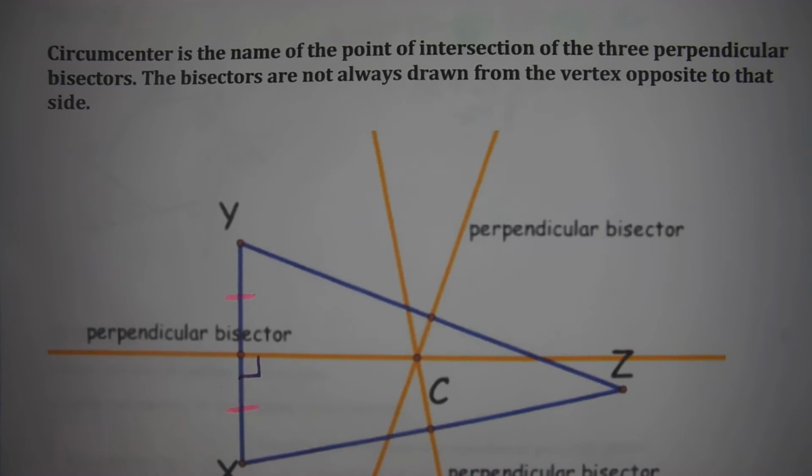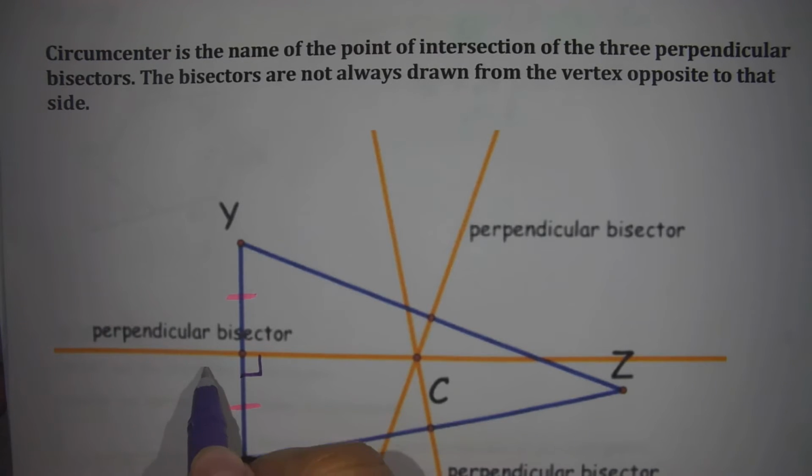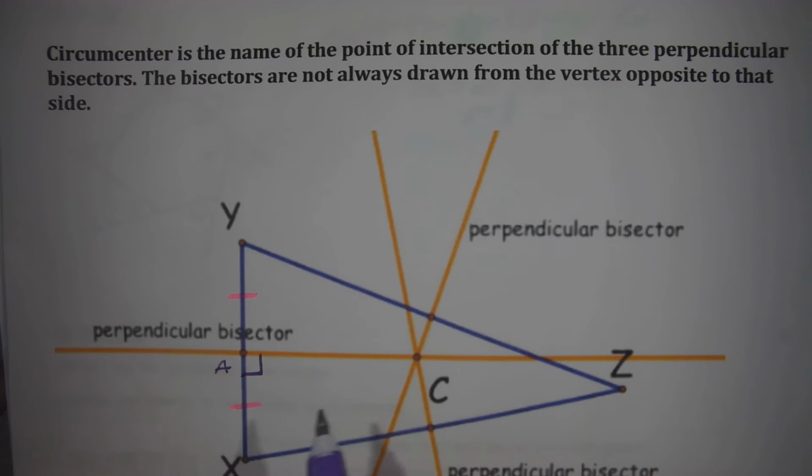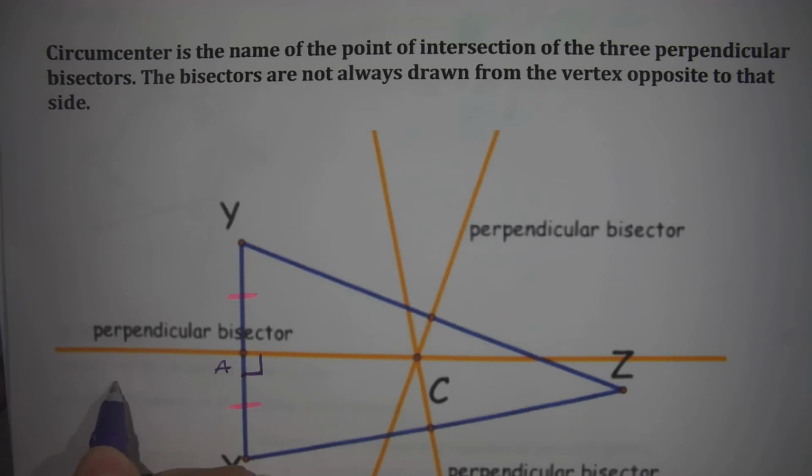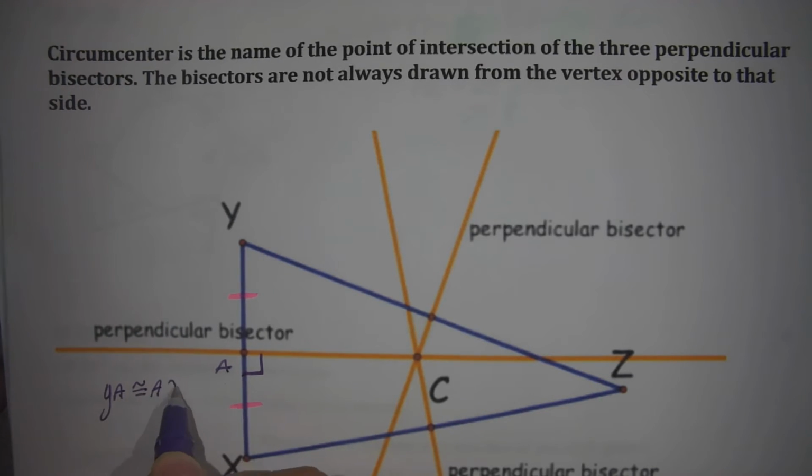And we can go ahead and name this point right here A. So YA is congruent to AX.